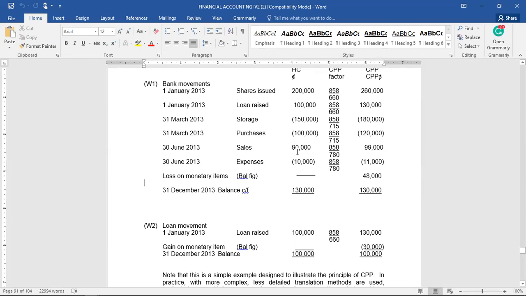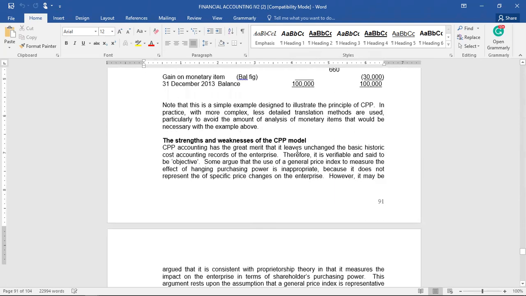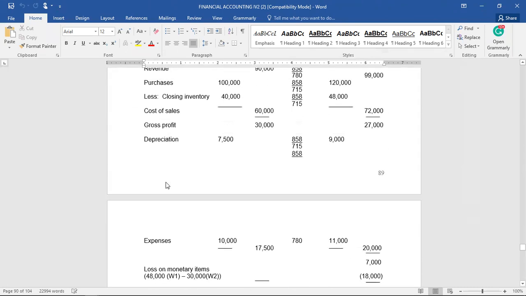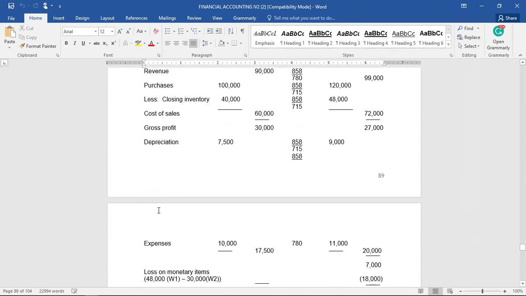So when I go to 31st December, it is still going to be 5,000 because the transaction date and the reporting date are one. So the total interest on loan now will be appearing in my profit and loss here, just under expenses. For historical cost it is 10,000.